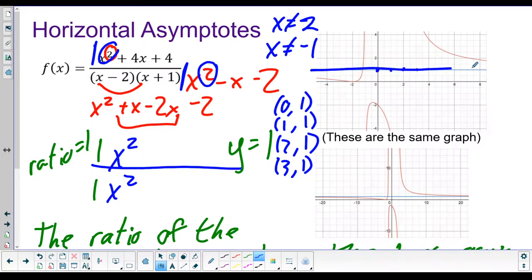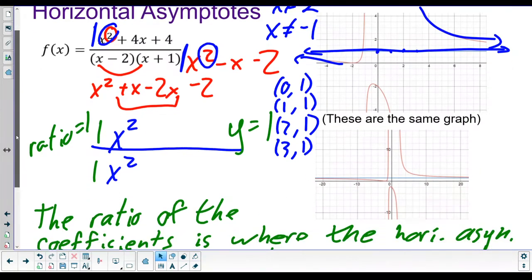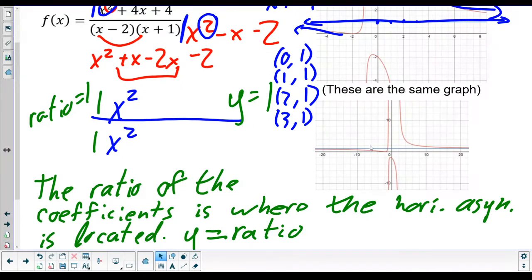It's this horizontal line at 1. So it's not super obvious on the top graph that these graphs keep going to 1. So if we zoom out, I have the same blue horizontal line at y equals 1. And then these red ones, you can see they taper off and they get really close to the blue one. So that is how you find your horizontal asymptotes.